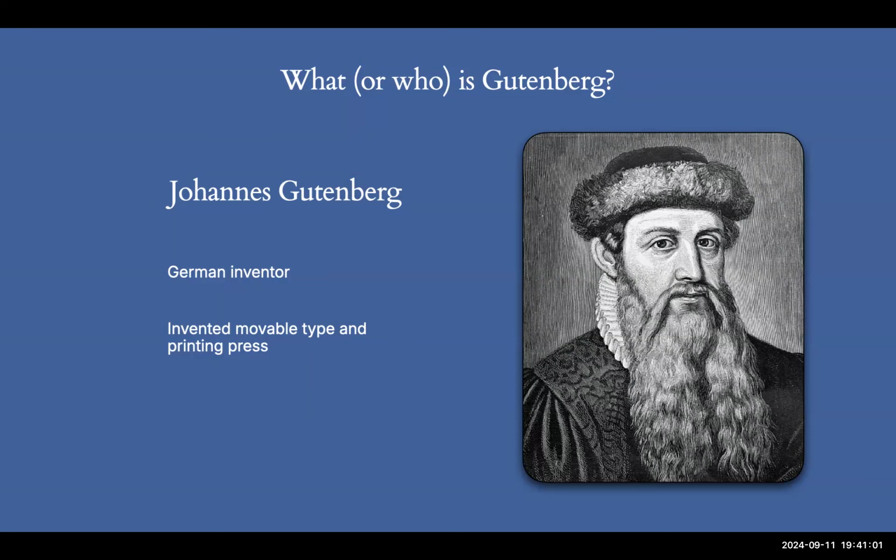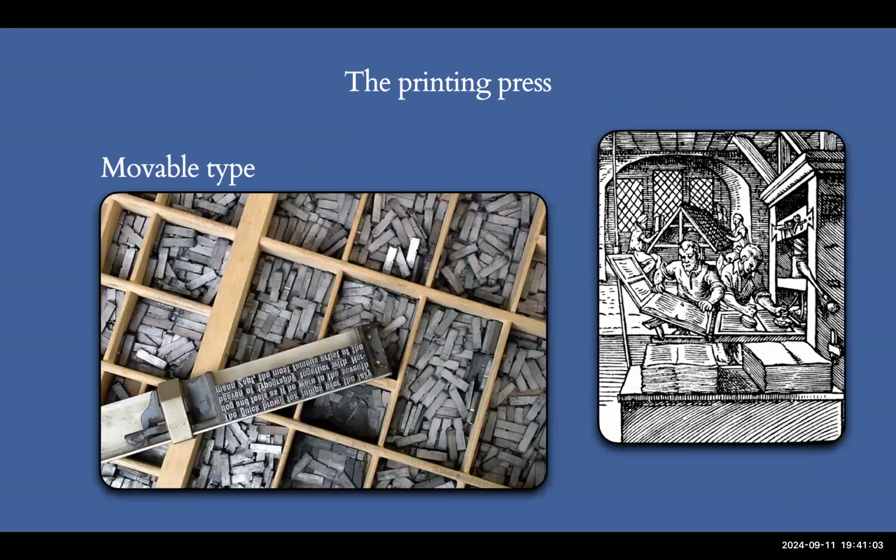On the right hand side of this image, you can see an etching of a wooden printing press. This was a machine that allowed pages of text to be quickly assembled using a pre-selection of letters and symbols, like you can see on the left hand side.